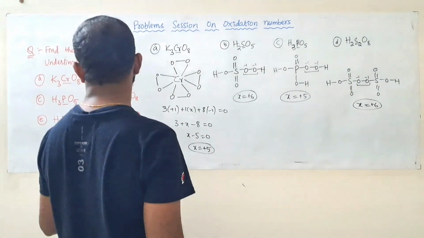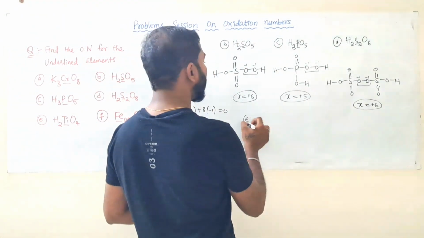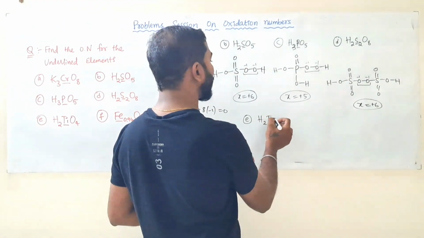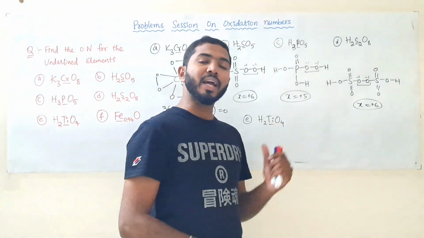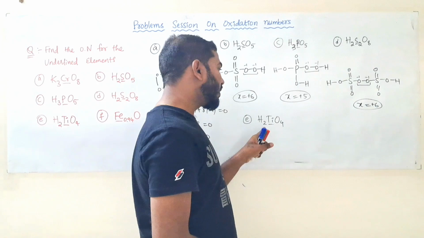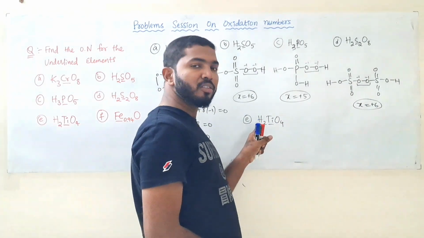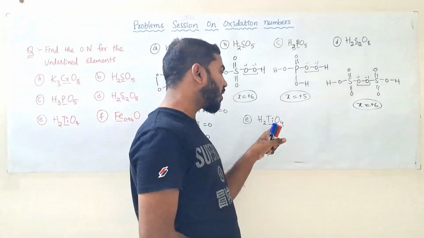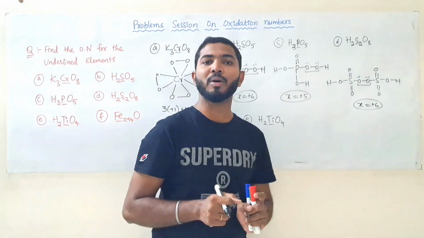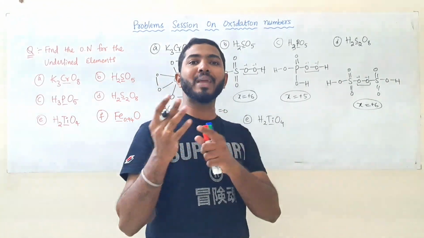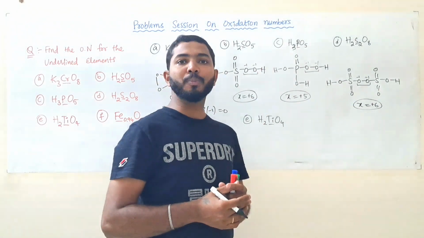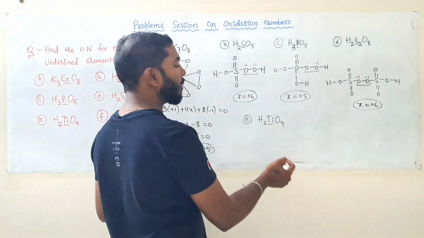Okay, and then next if you move to the E, that is H2TiO5. This is called pertitanic acid, very famous. Again, if you calculate by the normal oxidation number method, the oxidation number of titanium is going to come out as plus 6. But the group number of titanium is 4B, so plus 6 is not possible, and then we can expect a peroxy bond.